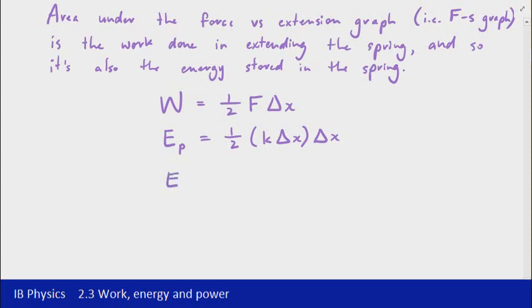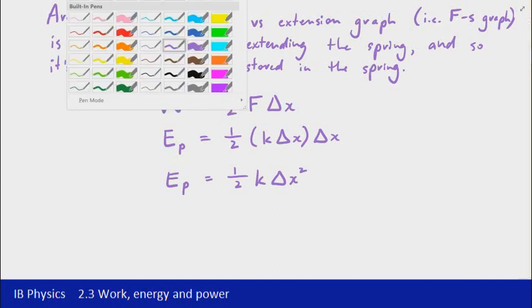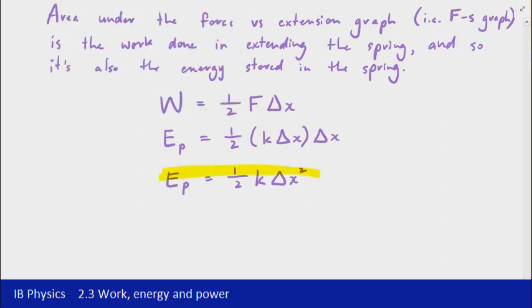And so to simplify that, we have our last version of this equation that you'll note is in the data booklet, E_P equals half k delta x squared. As I said, that's in the data booklet, so I'll highlight it here. So that equation tells us the energy that's stored in a spring that has been extended, where the spring has a spring constant of k and is extended by the value of delta x.